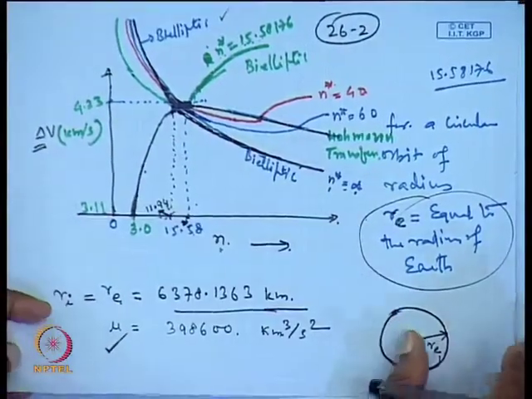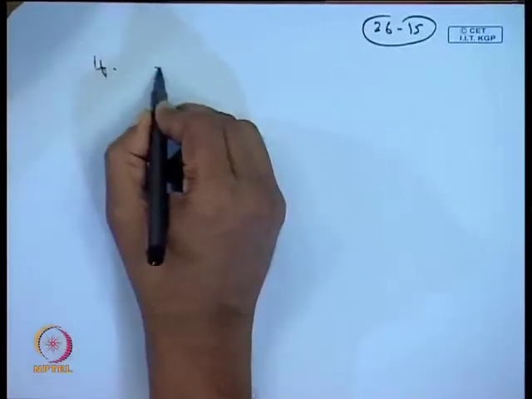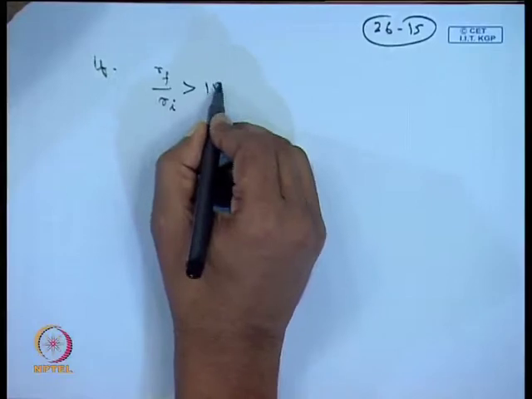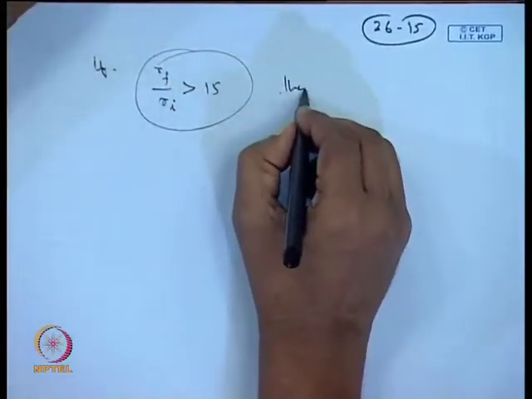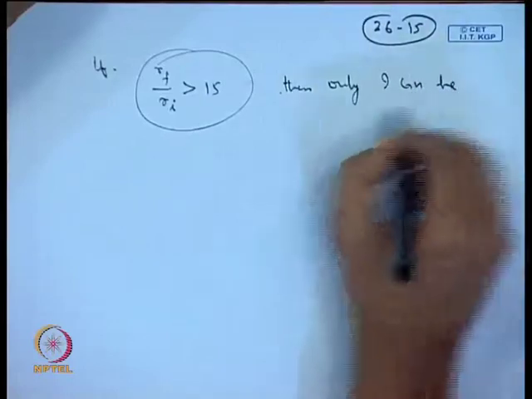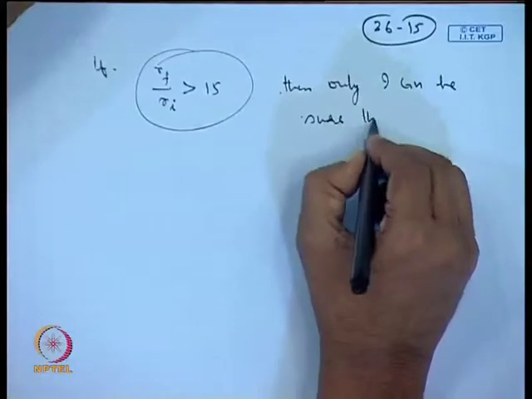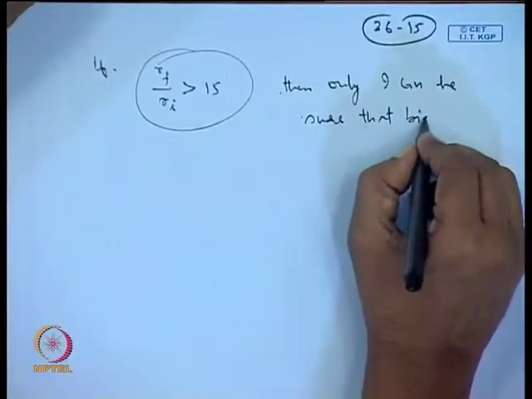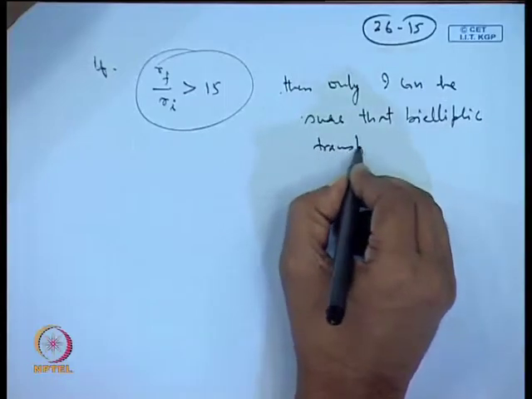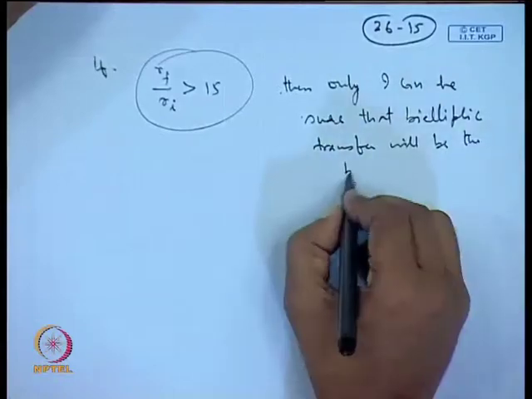So, in this region I am sure that the Hohmann transfer is best, and in this region the bielliptic transfer is best. So, what we can state is that only if R f by R i is greater than 15, then I can be sure that the bielliptic transfer will be the best.